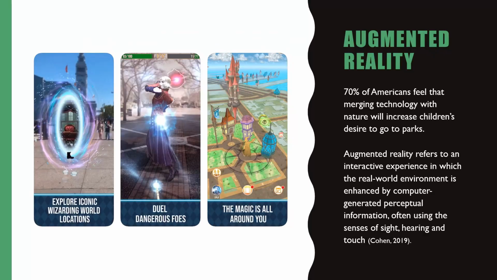An example, as pictured on this slide, is Harry Potter Wizards Unite, which is a location-based AR game. Arguably, these types of innovation implementation have occurred because of the realization that 70% of Americans feel that emerging technology with nature will increase children's desire to go to parks.